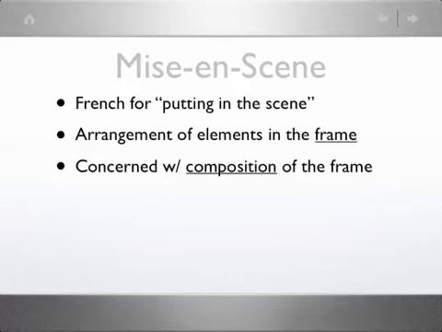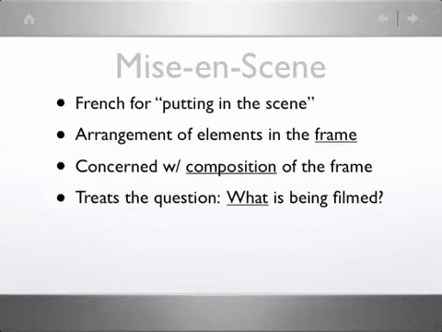Colors, volumes of space, and so forth. So when we analyze mise en scène, part of what we can do is to analyze the composition of elements within the film frame.